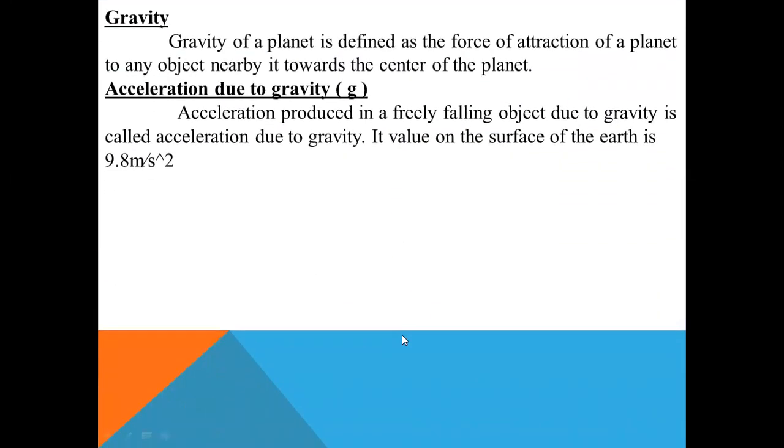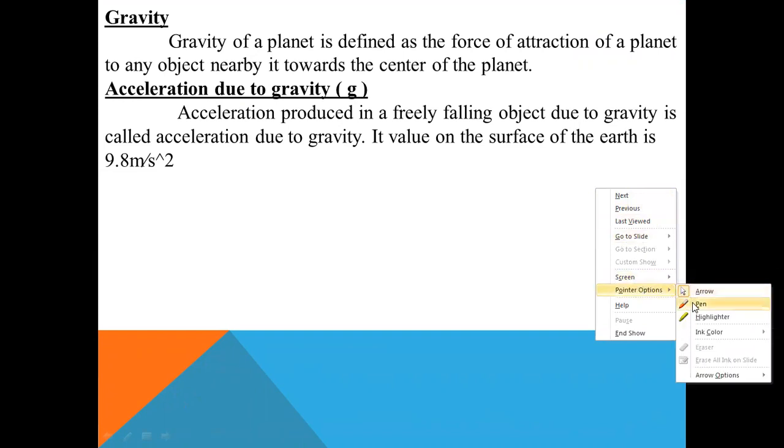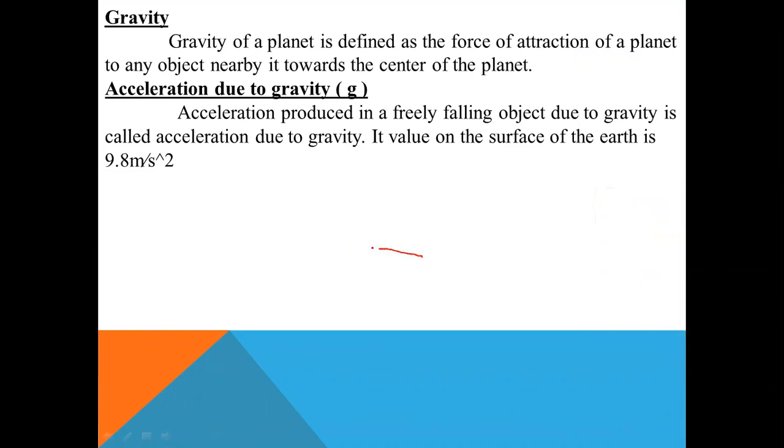Now, what is gravity? To understand the term gravity, first of all, once again let us consider the case of gravitation. In case of gravitation, suppose this is one object, this is another object. If they are attracting each other by a force, that force is called gravitational force.